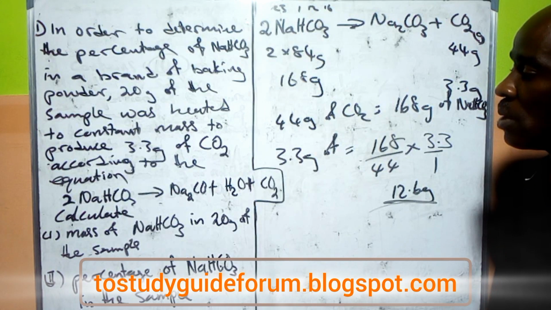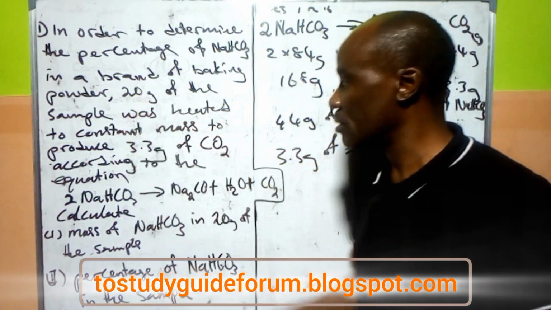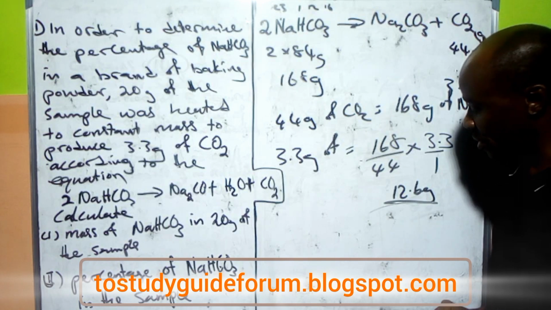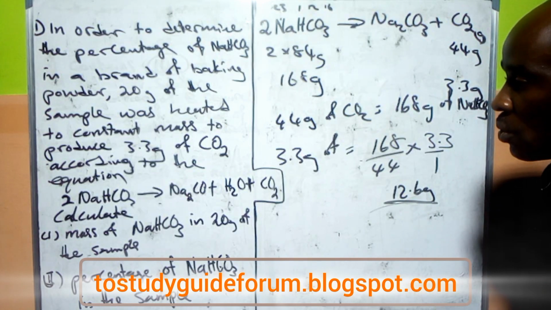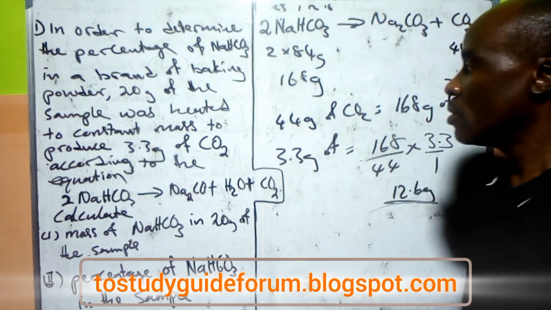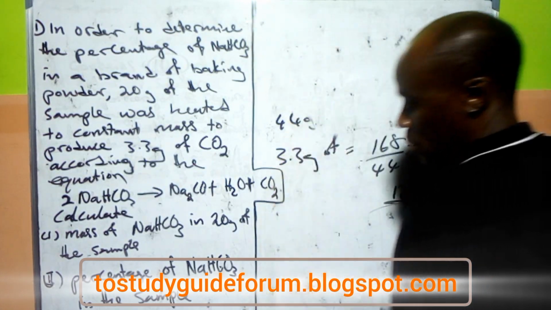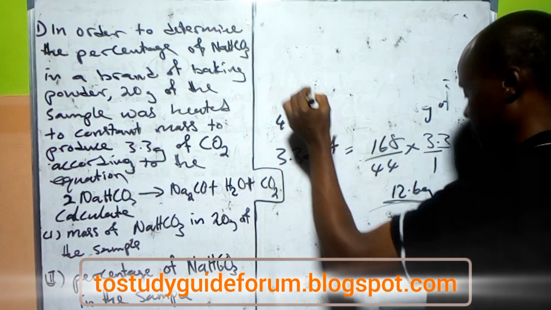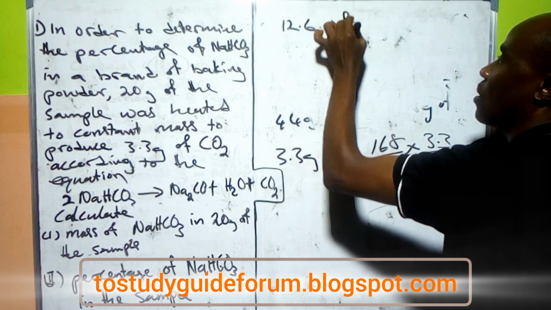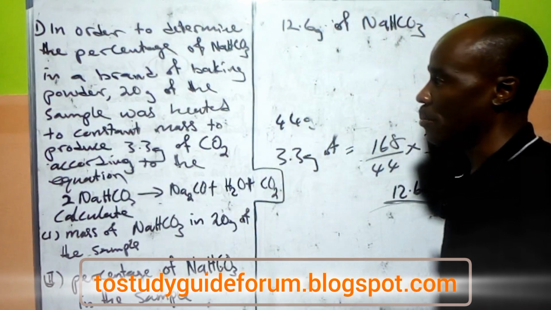Now the next thing to find out is that in this 20 grams of sample, the mass of sodium hydrogen trioxocarbonate IV is 12.6 grams. Now you are asked to calculate the percentage of sodium hydrogen trioxocarbonate IV. The mass of sodium hydrogen trioxocarbonate IV is 12.6 grams, and the total mass of the sample is 20 grams.